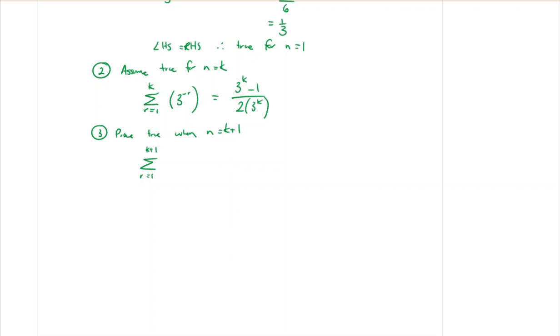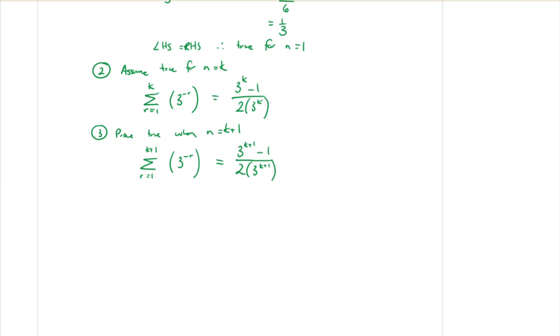So k plus 1 goes on the top. We still write it as 3 to the minus r. It just means that when we sub in the r value, k plus 1 will be the last one that we do. And that will be equal to, subbing in k plus 1 where the k is, 3 to the k plus 1 minus 1 over 2 bracket 3 to the k plus 1.